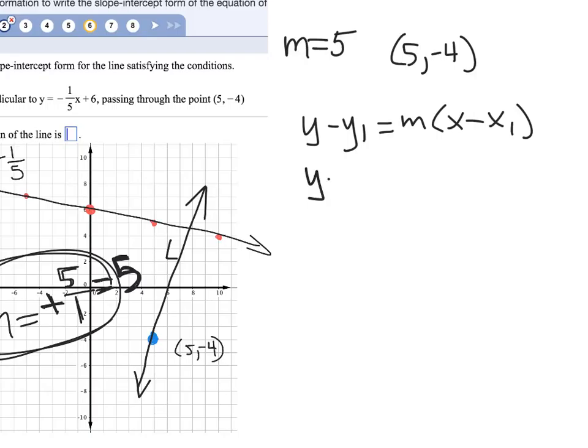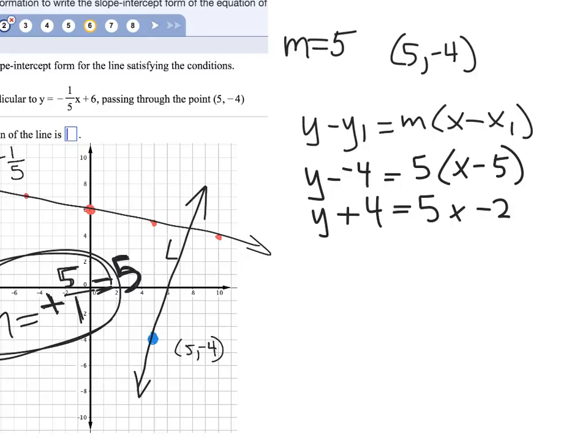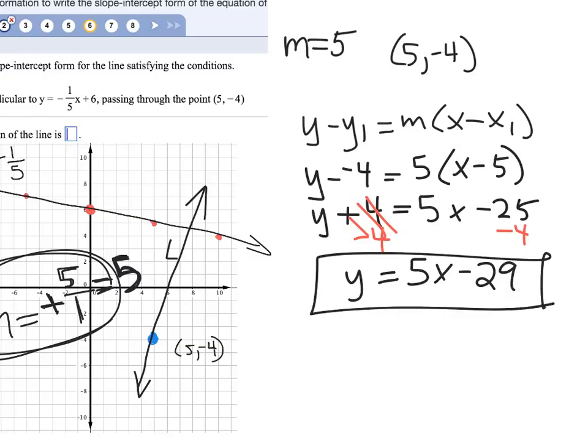So you get y minus negative 4 equals 5 times x minus 5. So you get y plus 4 equals 5x minus 25. Now we're going to subtract 4 from both sides. So that goes away. You end up with y equals 5x minus 29, and there is our formula.